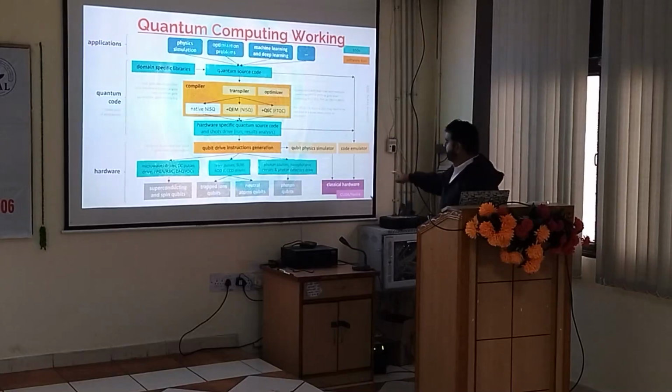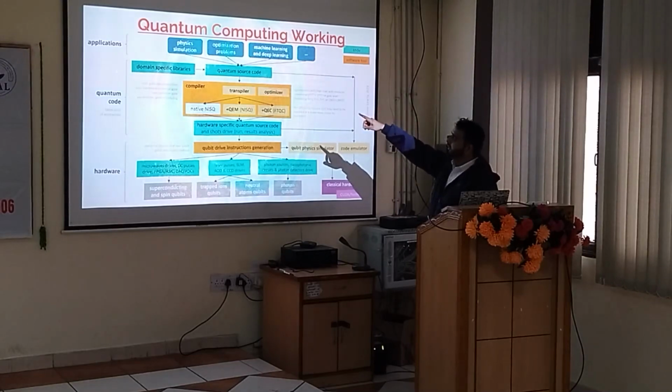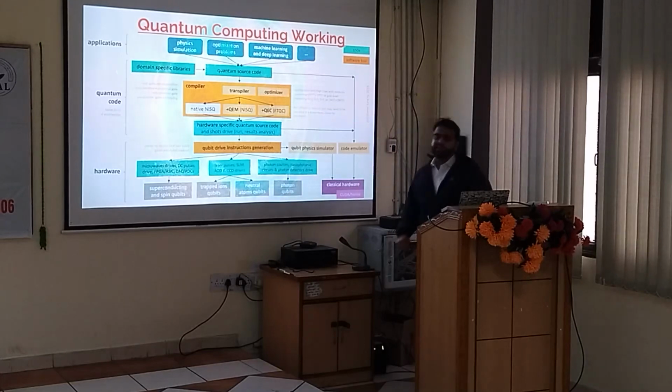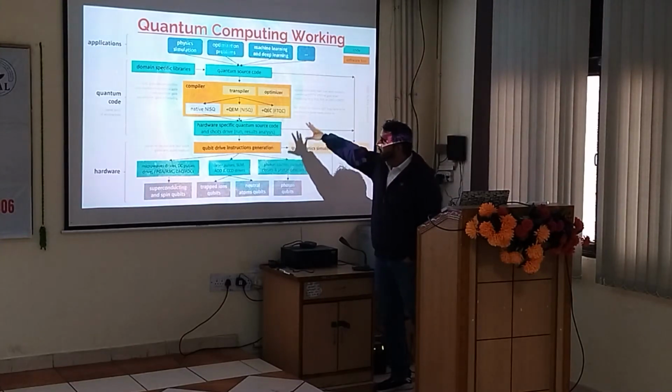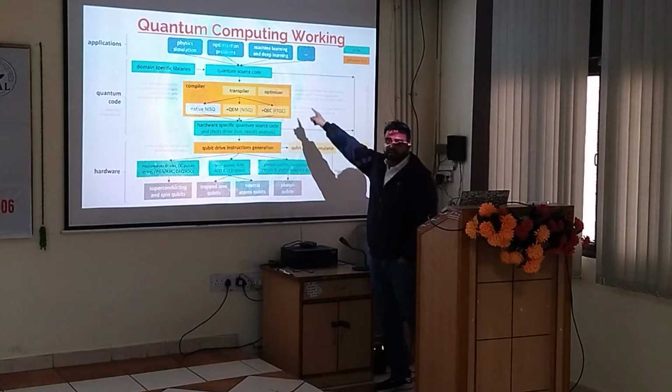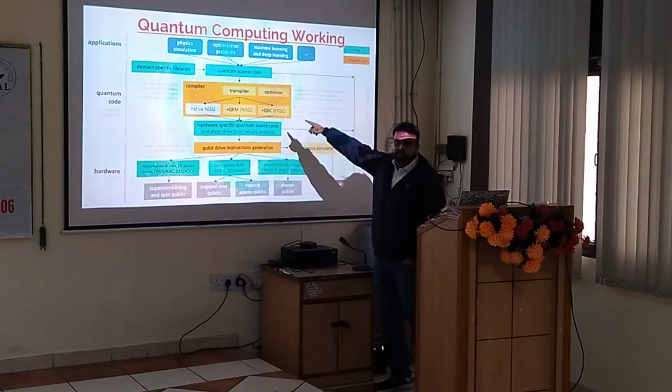Now there is one more, classical hardware, which I mentioned at the right side, you can see there. We have a code emulator which will convert the quantum source code into code which will be executed over the classical hardware, that is the hardware available to us. Okay. So we have the complete circuit in this. The circuit will be designed here in the quantum code. This circuit will go to the compiler, where the execution will take place.